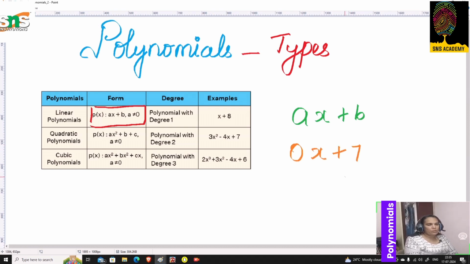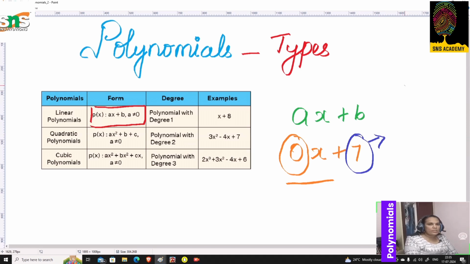So 0x plus 7, suppose I am writing. Why are they stressing that a is not equal to 0? If a is equal to 0, automatically the whole term becomes 0, so only 7 is left out.